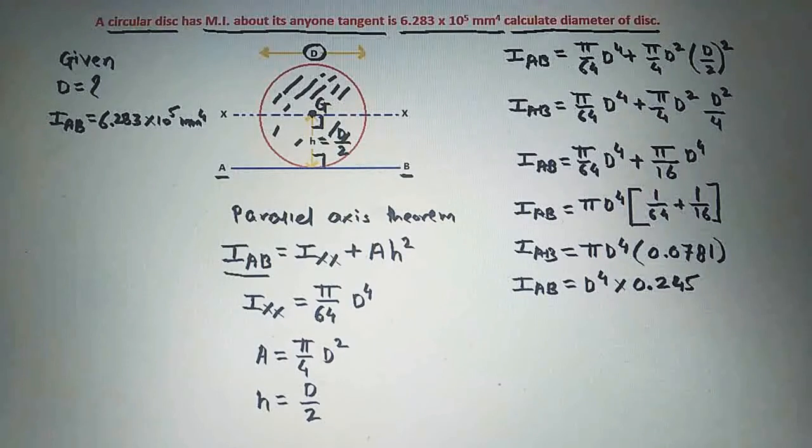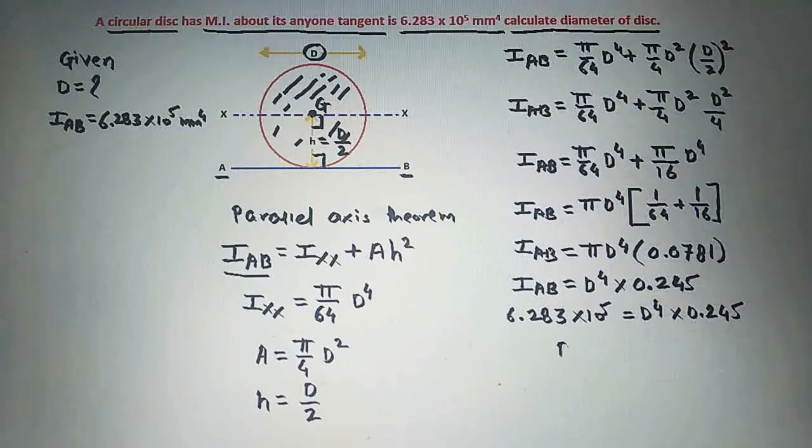Now we are putting the value of IAB here. So IAB is 6.283 into 10 raised to 5, which is equal to D raised to 4 into 0.245.